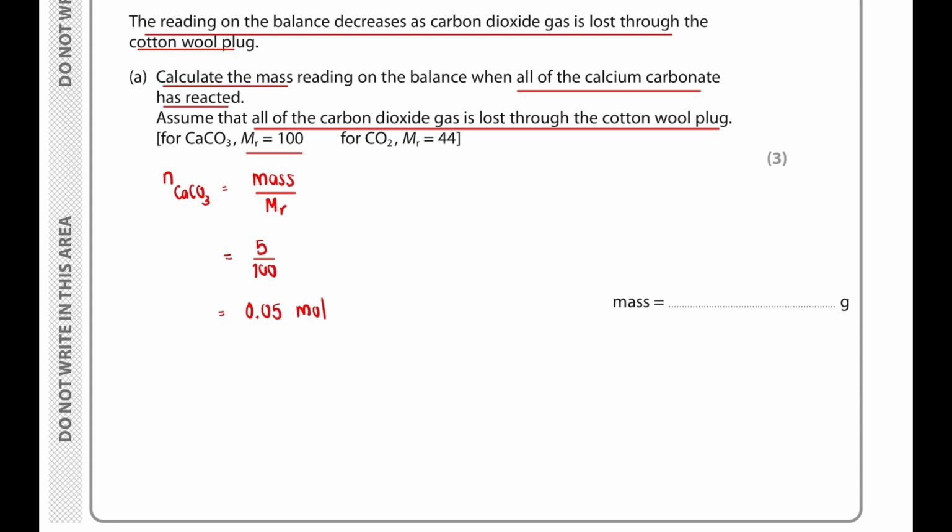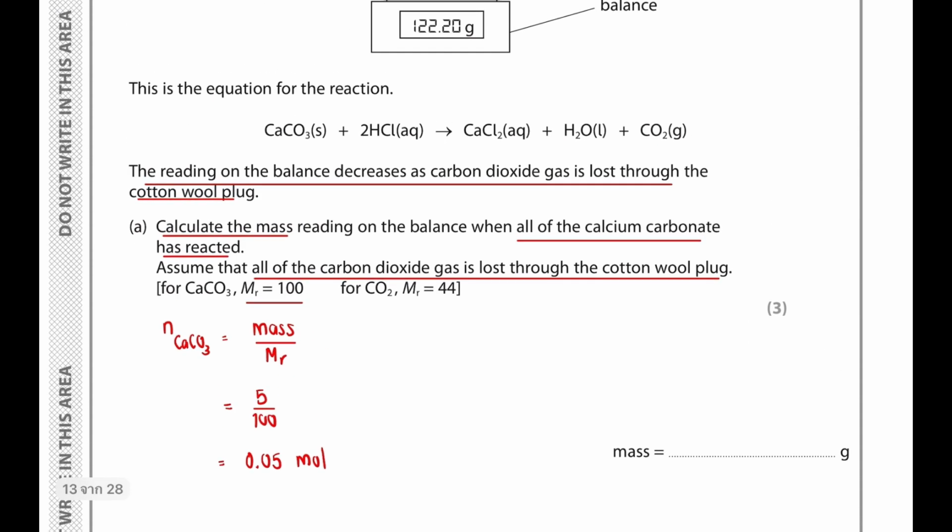Then if we go back to the equation, the coefficients of calcium carbonate and carbon dioxide are equal, which is 1. That means the mole of calcium carbonate must be equal to the mole of carbon dioxide, which is 0.05 mole. Therefore, mole of carbon dioxide gas equals mass divided by Mr of carbon dioxide.